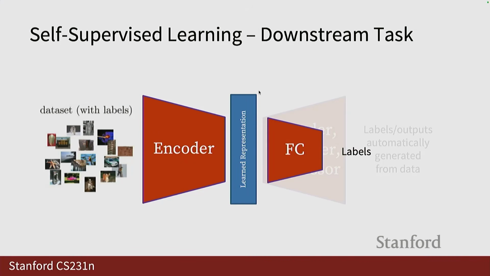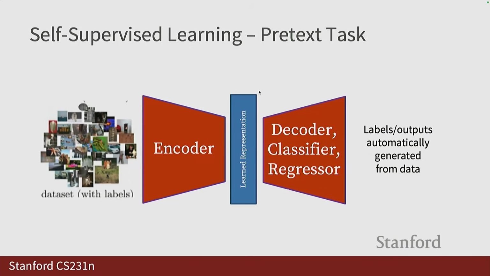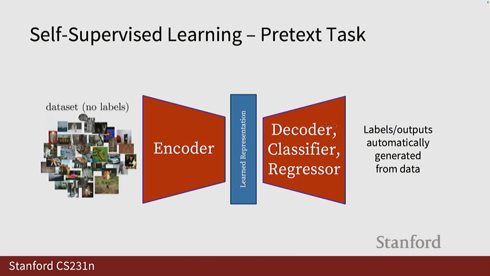So all of these tasks that I presented and defined are trying to do something here, either decoding, classifying, or using regression to generate some outputs to be able to train this encoder.